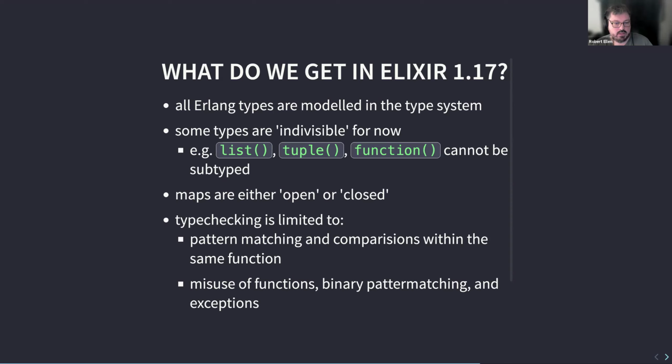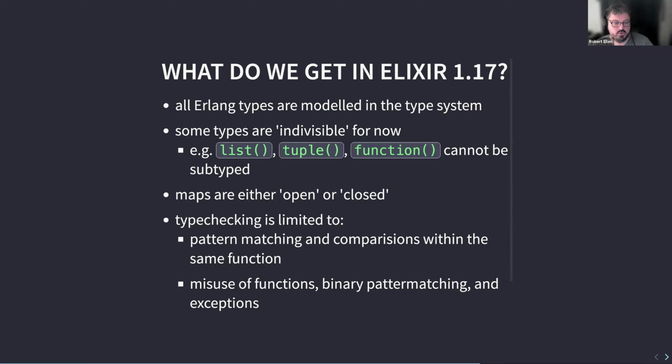Maps are in there, and they can be either open or closed. I'll get into what that means, but effectively, open means that we don't know the full type. It's not statically known the complete type of a map. There could be optional keys effectively, whereas closed, we know all the keys.